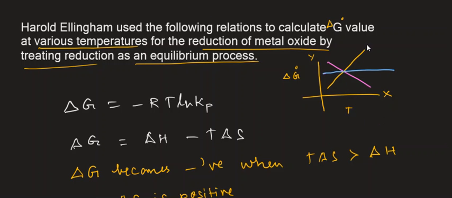So in this case the slope is positive, whereas in this case the slope is negative, whereas here the slope is 0.